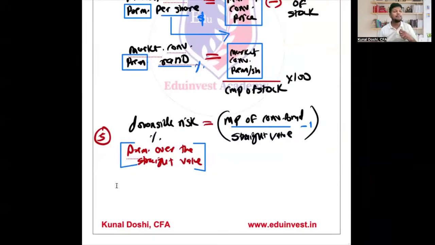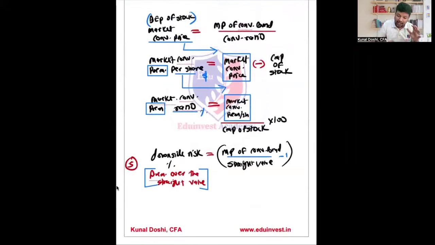So the difference between the market price and the straight value is your downside risk, which is also called the premium over the straight value. So here, what is my straight value? 950, correct? And the market price is 985. So 985 divided by 950, minus 1, into 100, is roughly 3.68 percent, which was your downside risk.